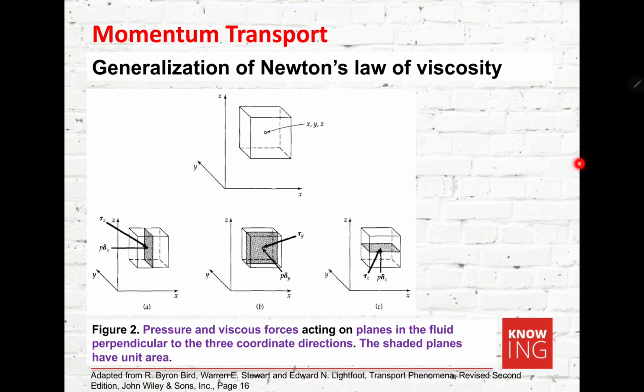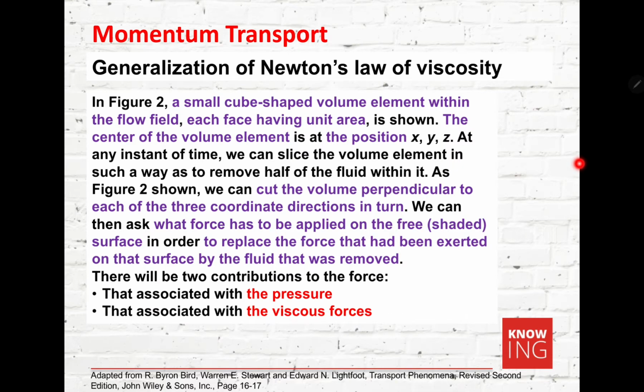Imagine that you have this particular fluid cube element, and this point is defined as x, y, and z. Imagine that at an instant of time, we slice the volume element in such a way as to remove half of the fluid within it, and we want to determine the force that has to be applied in order to replace the force that was exerted on that surface by the fluid that was removed.